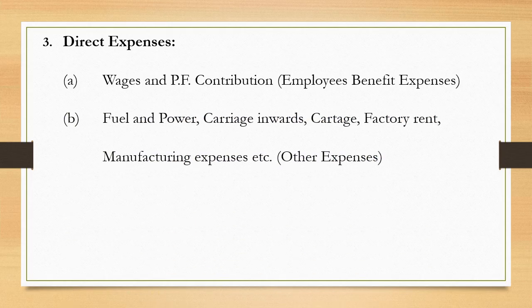Fuel and power, carriage inwards, cartage, factory rent, manufacturing expenses, etc. These all are the contents of other expenses, but because these are direct expenses, we should take care. As I told you earlier, these all things will be very useful for solving the sums in the chapter ratios.